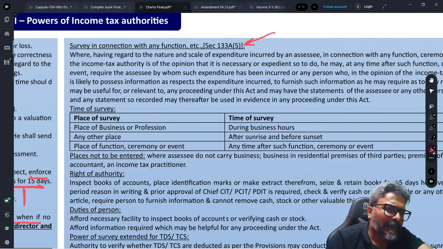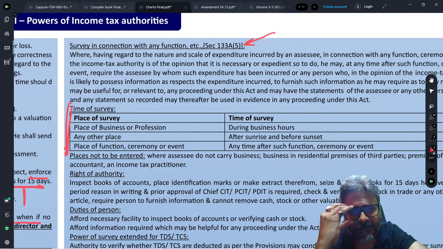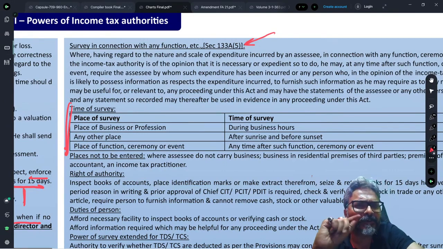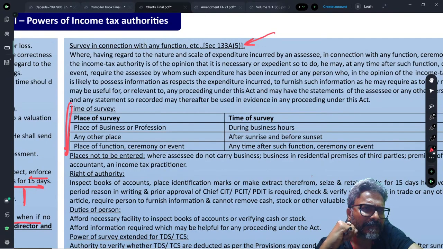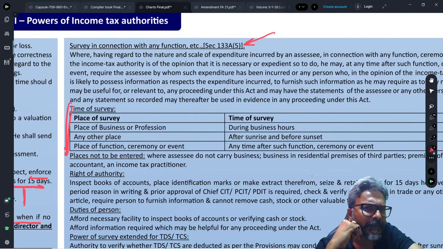Perfect. So now, students, read this one: time of survey. Even this is a very popular part which they keep asking in the examination. If you are talking about doing the survey in the place of business, then in that case the survey will be done during the business hours.